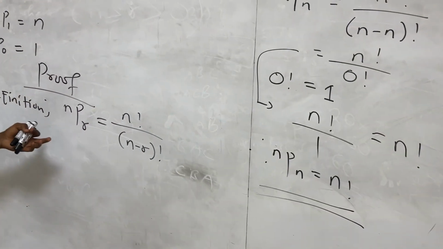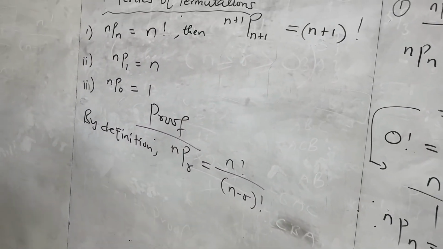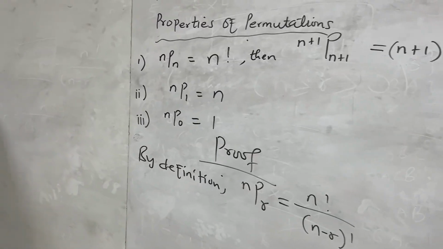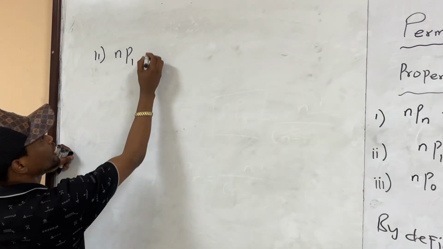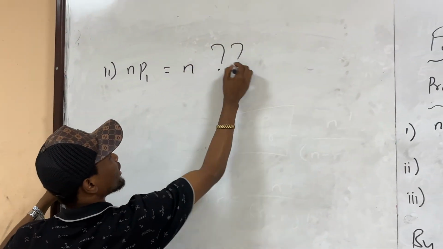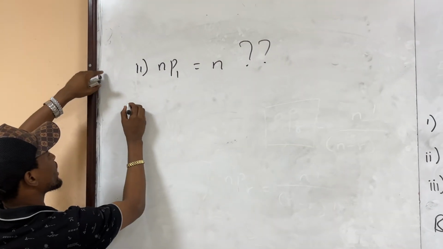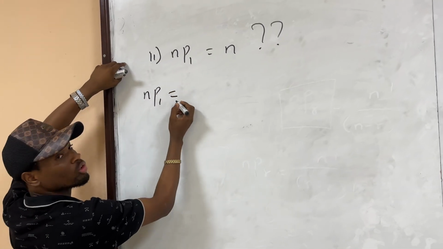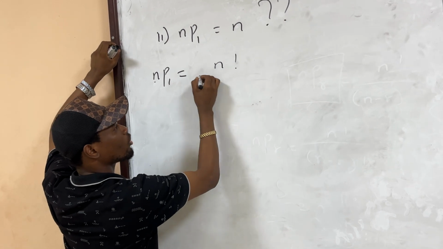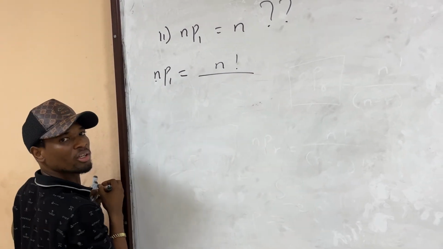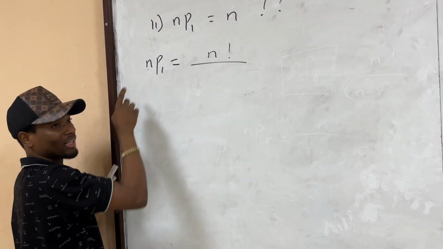So let's consider the second one over here. What do we know? We have nP1 is equal to n. How is this possible? We know that nP1 is equal to n factorial over the difference, you subtract this from that.